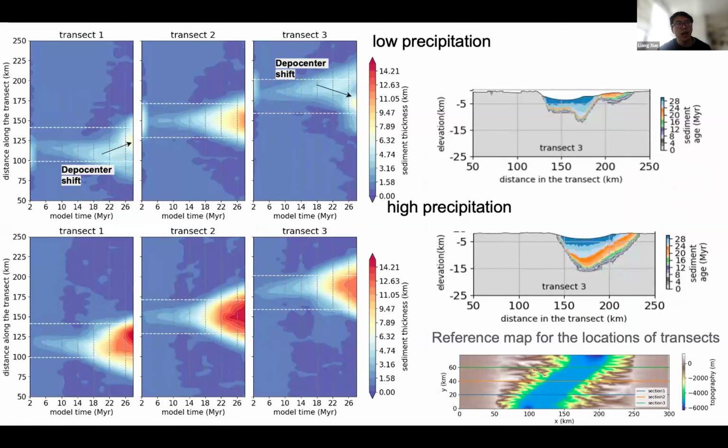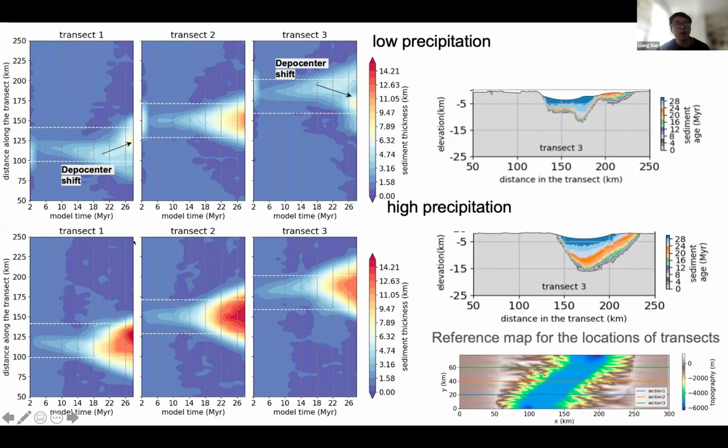So first, you can see during the first 10 to 12 million years, both cases produce a relatively narrow rift basin. But in the lower precipitation case, after that, we can see a significant migration of the depocenter from this side to closer to the weak zone, in both the north and the south sectors.